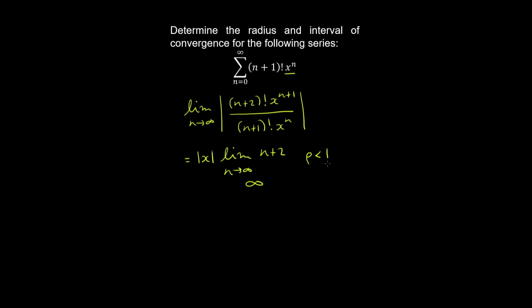So therefore rho is less than 1 only for x equals 0. So for x equals 0, the series converges, and when x is not 0, the series diverges. So therefore the series converges only at a specific point, and therefore the radius of convergence is 0.